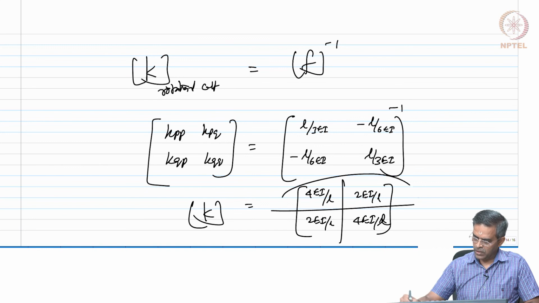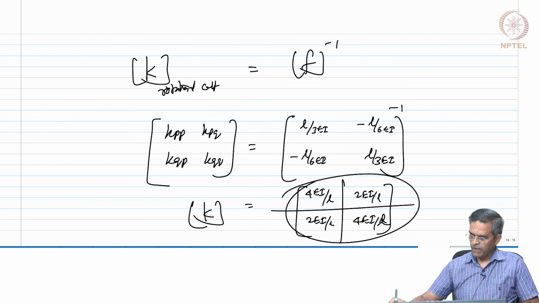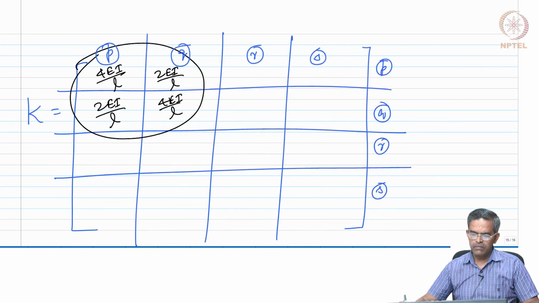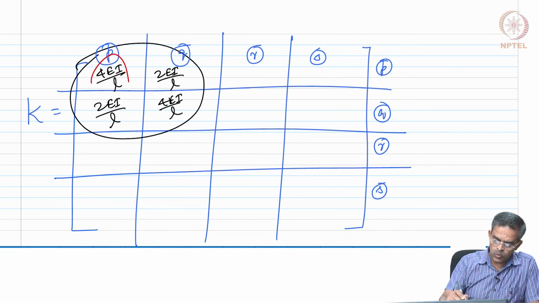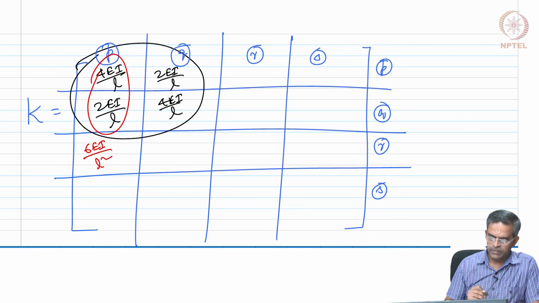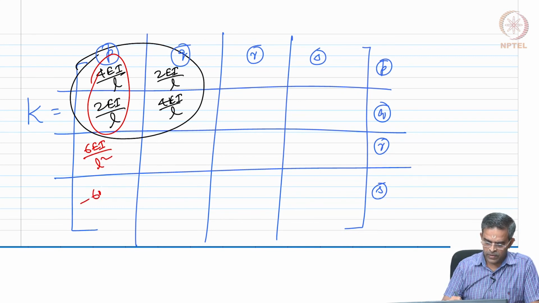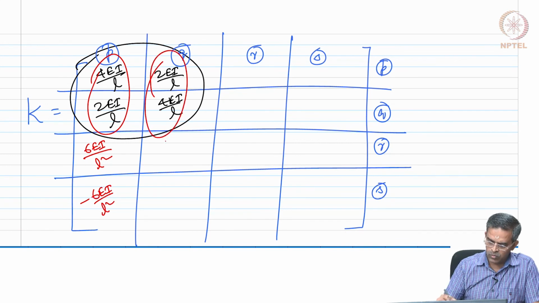Okay? Once you know this, sum of these two by L is 6EI by L square, minus of this. Similarly, sum of these two by L, 6EI by L square, then minus of this.